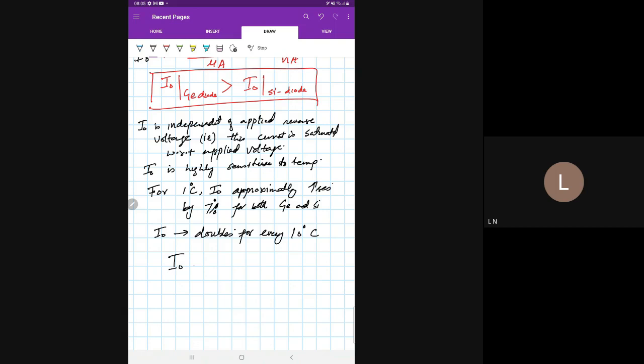So I naught at temperature T2 is given by I naught at temperature T1 into 2 to the power (T2 minus T1) divided by 10. This is how the leakage current is dependent on temperature.